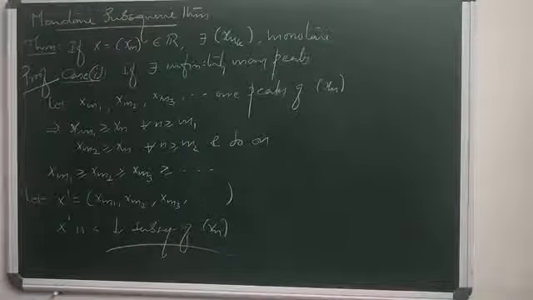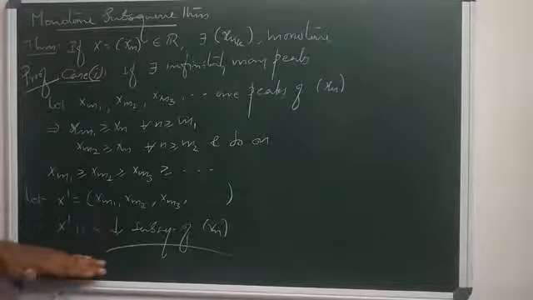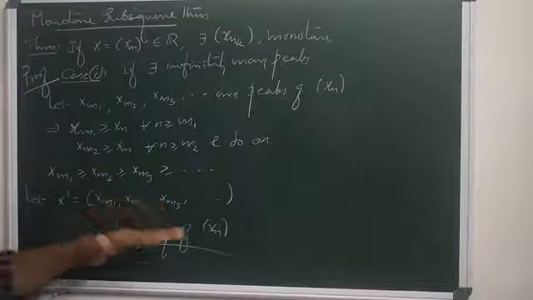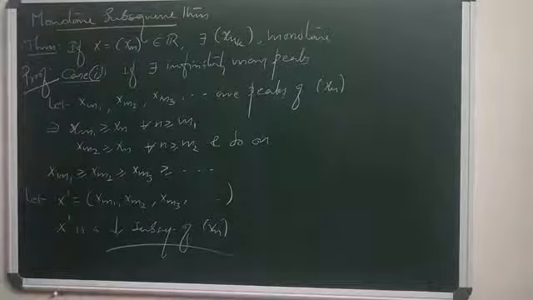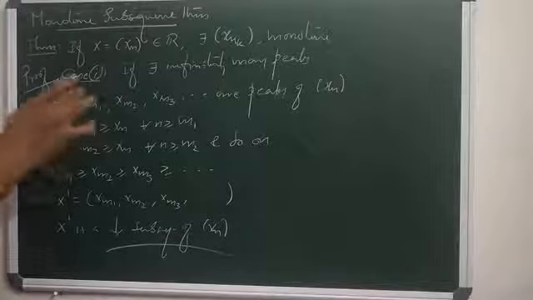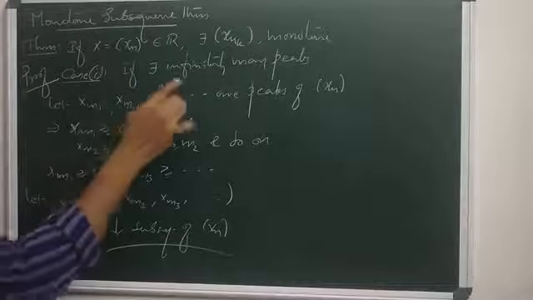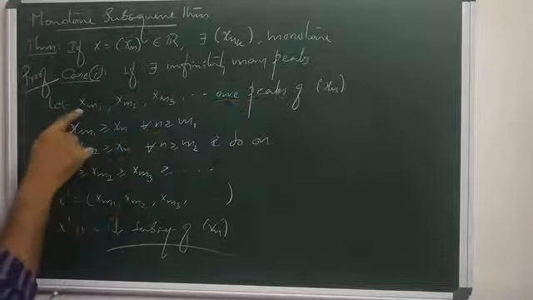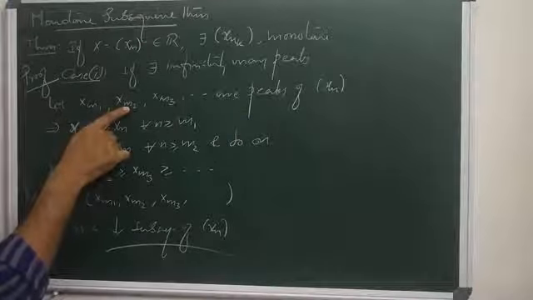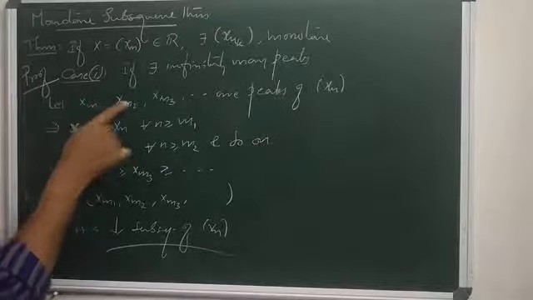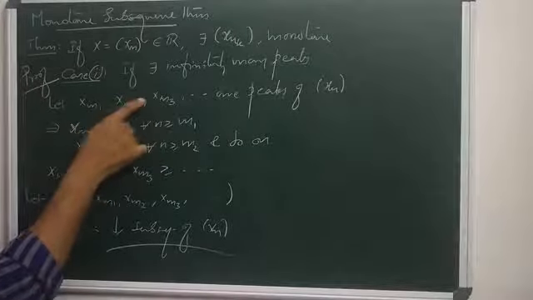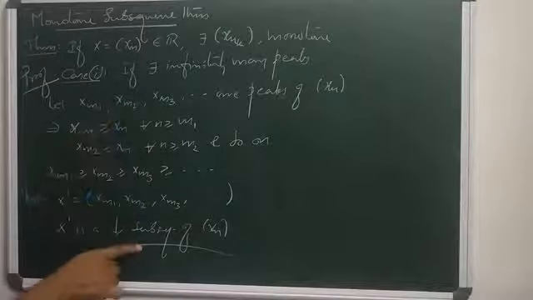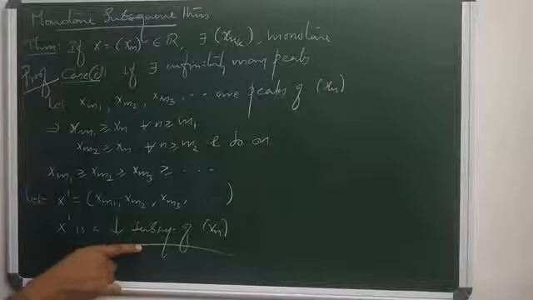This means if a sequence xn has infinitely many peaks, then we can see that the sequence has a monotonically decreasing subsequence. Agreed? Why? Because if it has infinitely many peaks, suppose these are the peaks xm1, xm2, xm3, and so on. Then xm1 is greater than or equal to xm2 when m2 is greater than or equal to m1, xm2 is greater than or equal to xm3 for m3 greater than or equal to m2, and so on, from the definition of peak.